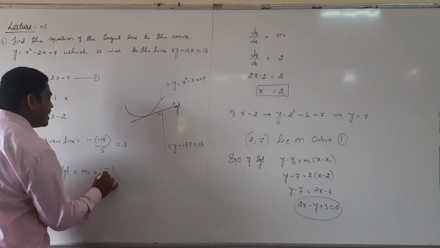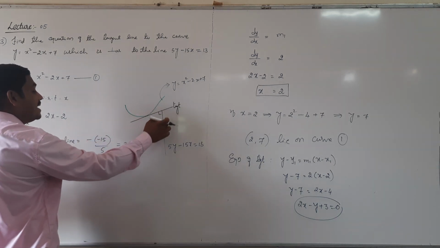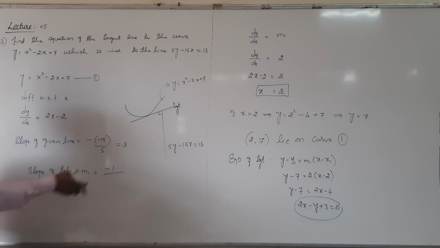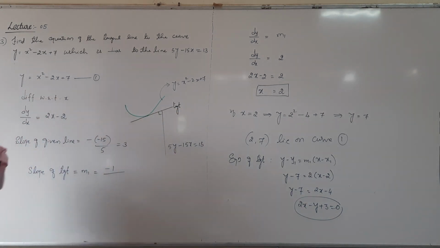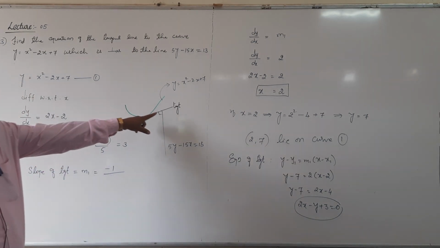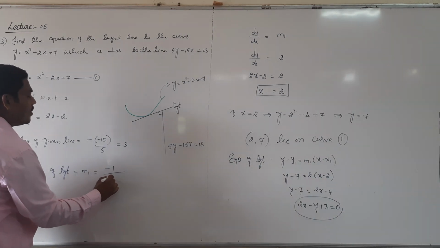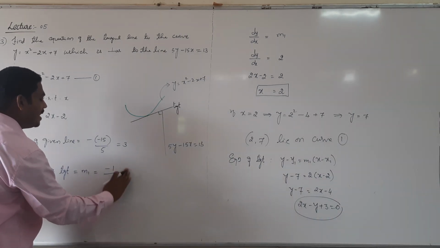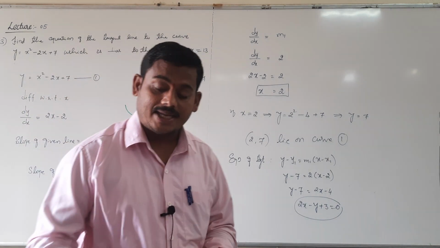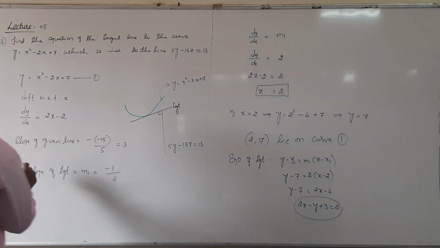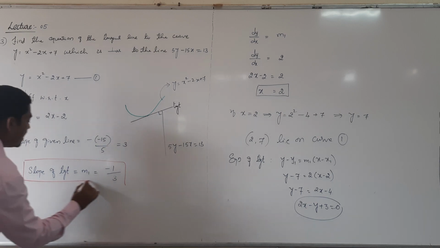Therefore m1 is -1 divided by the slope of the given line, that is -1 divided by 3. This is the slope of the tangent line.